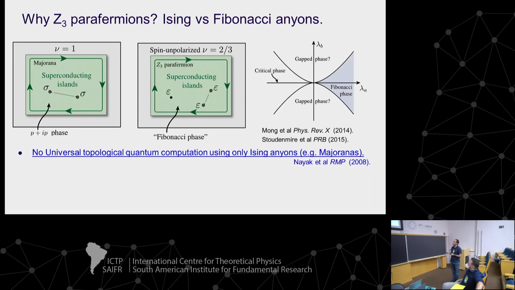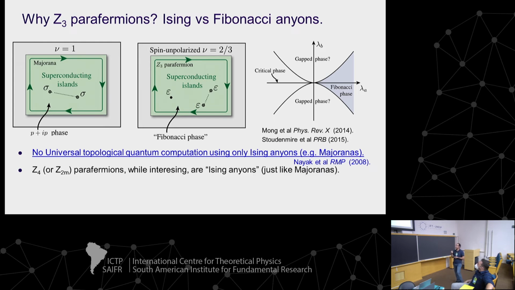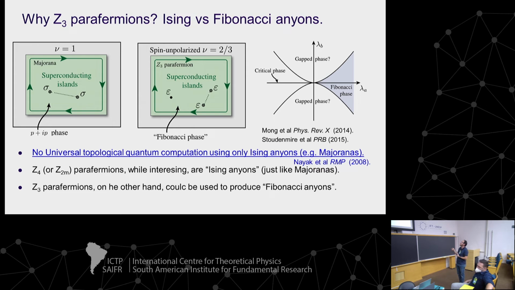And there's another reason why these could be interesting: you cannot do universal quantum computation with Majoranas alone, or Z4 parafermions alone. These are usually referred to as Ising anyons, and I'm not going to go into the details. But in principle, with Z3 parafermions, depending on how you couple them, you could get into a phase where the excitations are Fibonacci anyons.